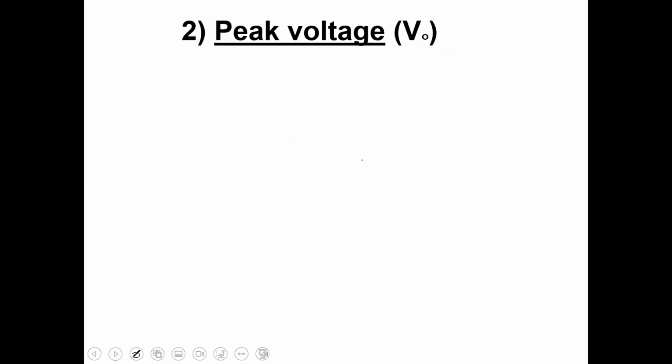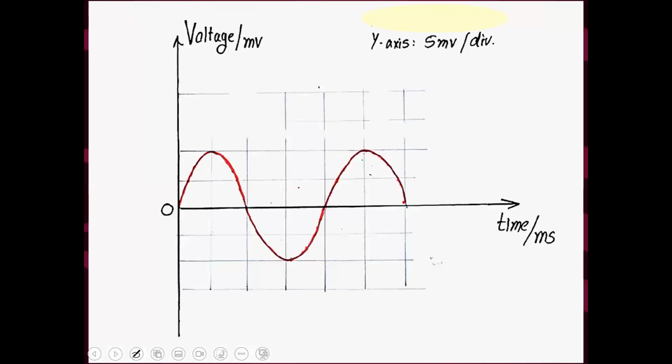Now talking about peak voltage. Peak voltage is the maximum voltage. It is the amplitude of the graph.